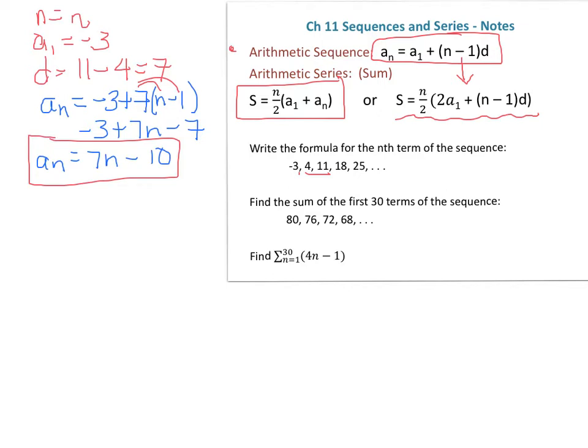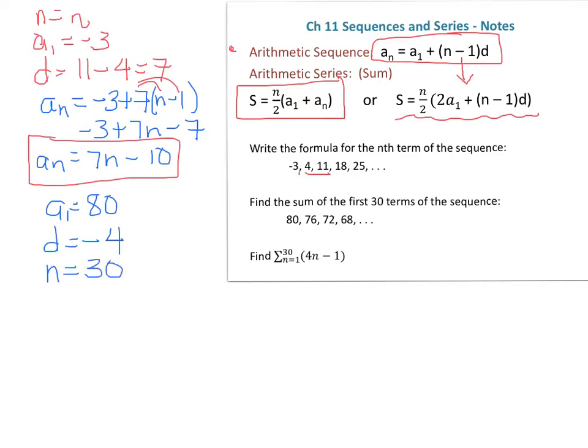Now, if you had to find the sum of the first 30 terms, you're finding a sum. So you go to one of your S formulas, and you have to determine which one you're going to use. Well, I have a sub 1. I know what d is. d is 76 minus 80, so that's -4. And I don't know a sub n, but I do know that n is going to be 30.